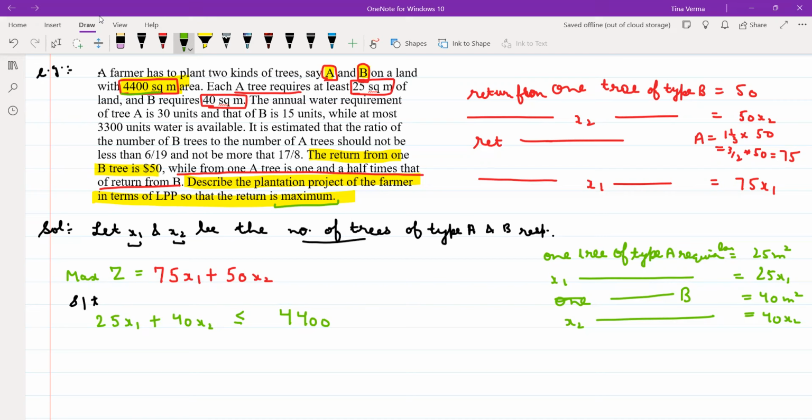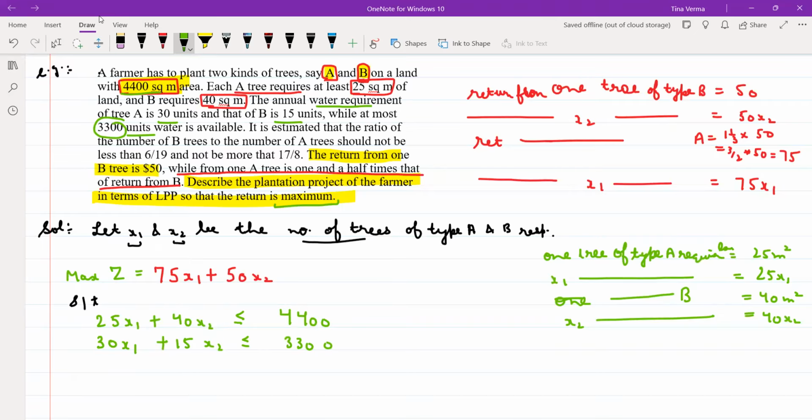The next is the same. Water requirement for type A is 30 units, so for x1 it will be 30x1. For type B it is 15x2. The availability of water is 3300. Only this capacity is available, so the inequality should be less than or equal to.